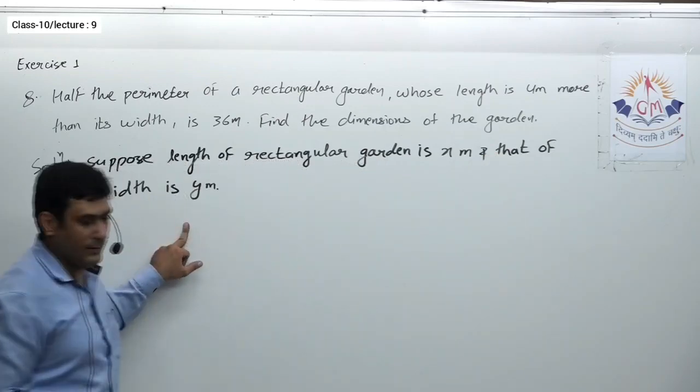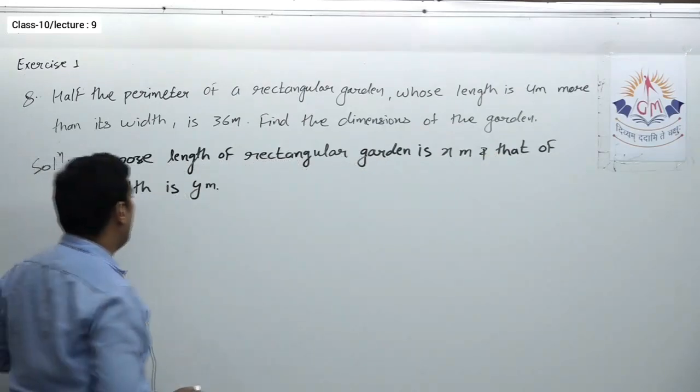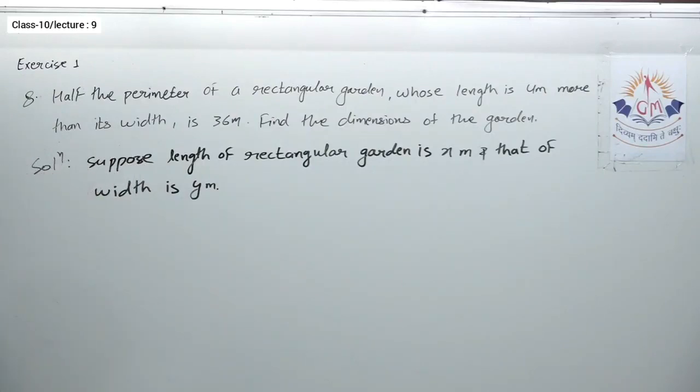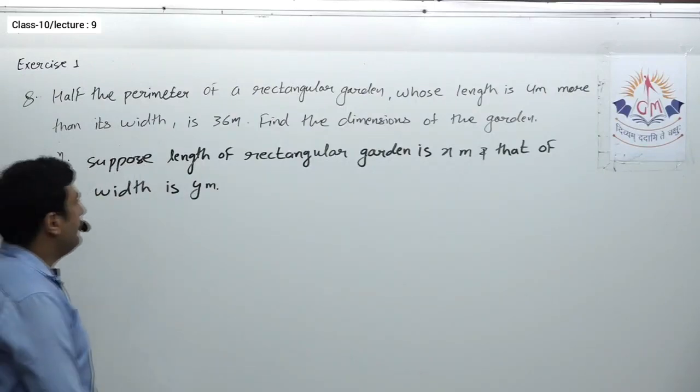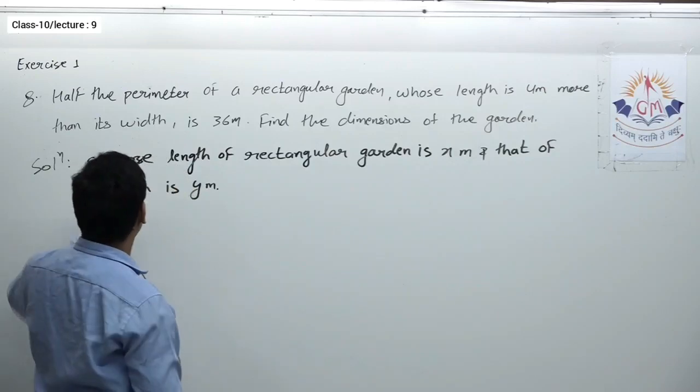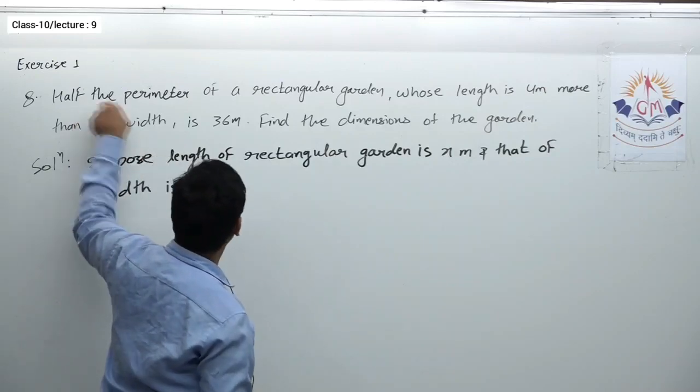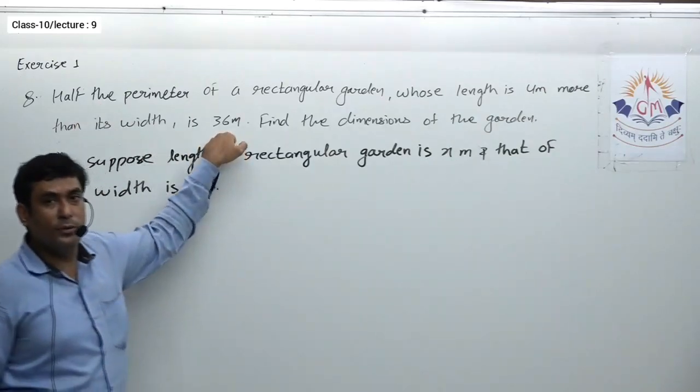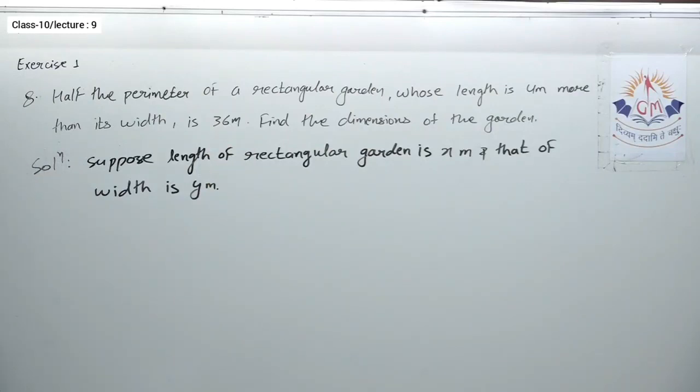So here we got its length and width in terms of x and y. Now it is given that length is 4 more than its width, and it is also given half perimeter is 36. So using these two statements we have to obtain the equations.